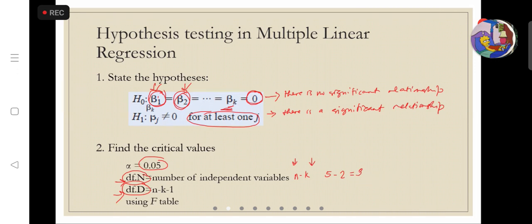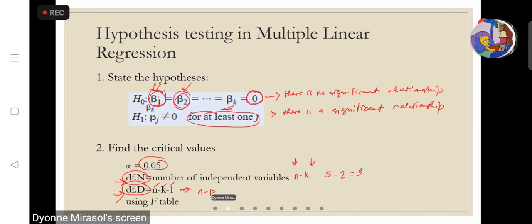For the degree of freedom for the denominator, we will use this formula: n minus k minus 1. Or simply put, it is the same as the denominator of our estimator of variance, which is n minus p.